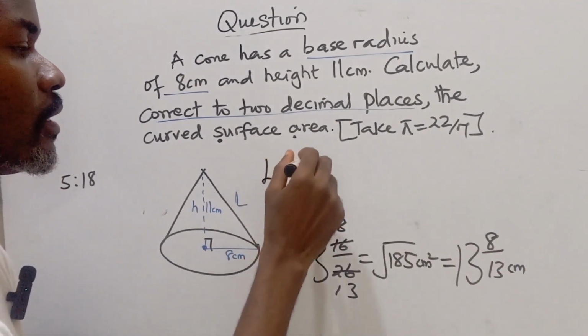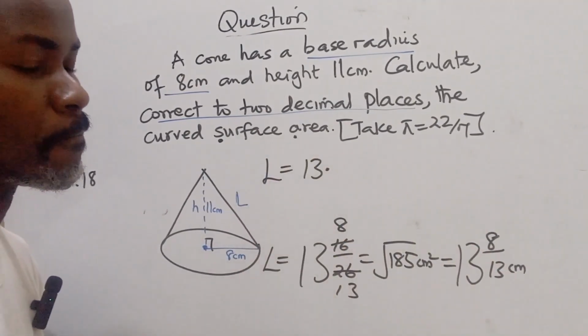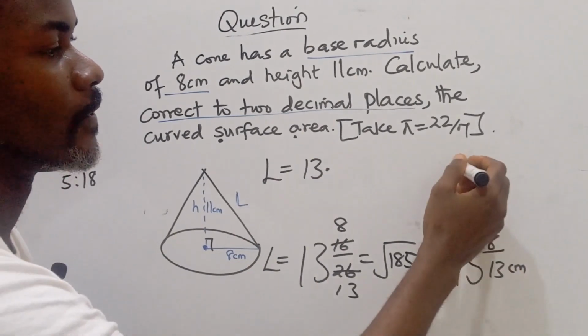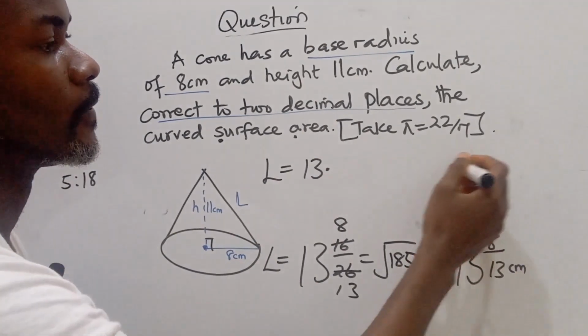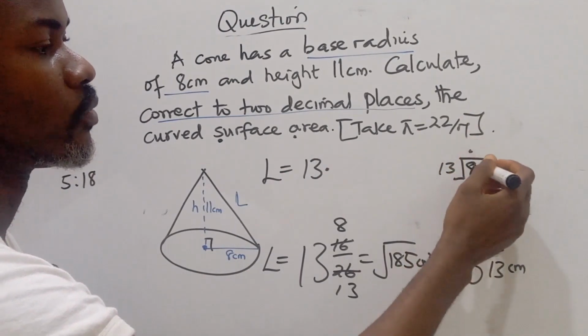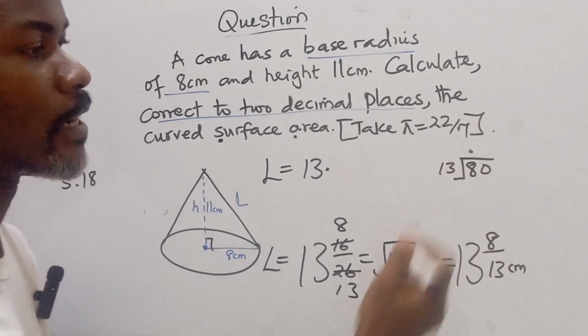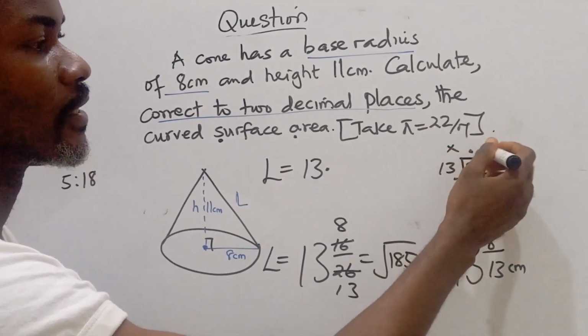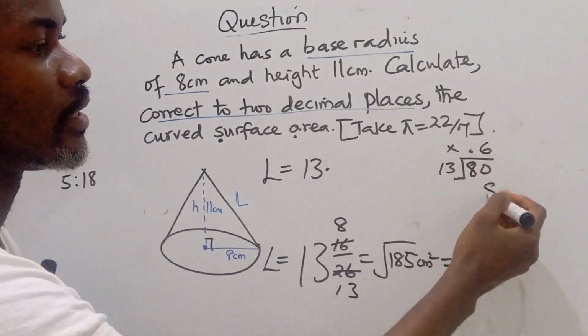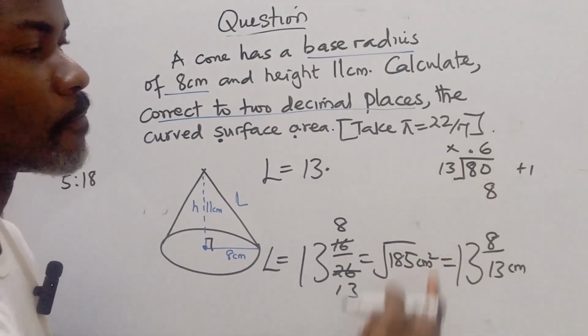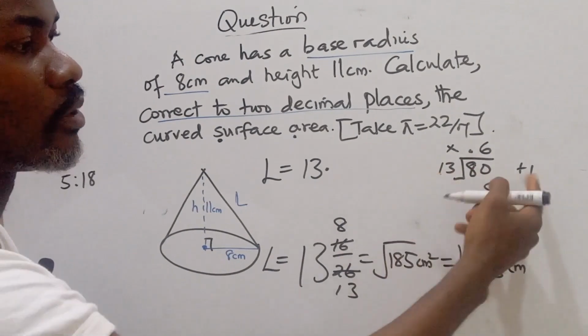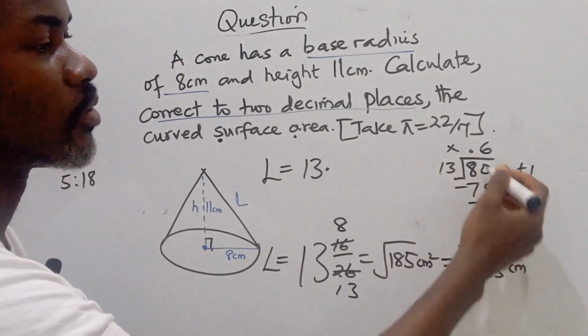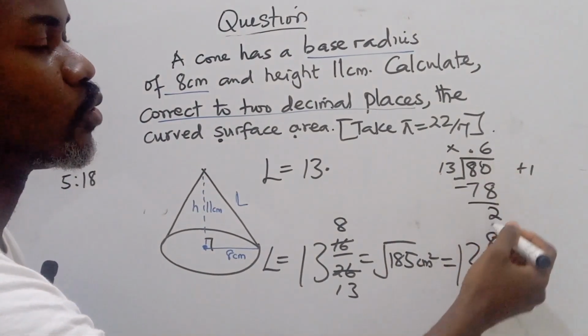So L will be 13 point. We are going to solve 8 divided by 13. If I put point, we have 0. So how many times? We have 6 times. 6 times 3 is 18, carry 1. 6 times 1 is 6 plus 1 is 7. We subtract this. 10 minus this is 2.